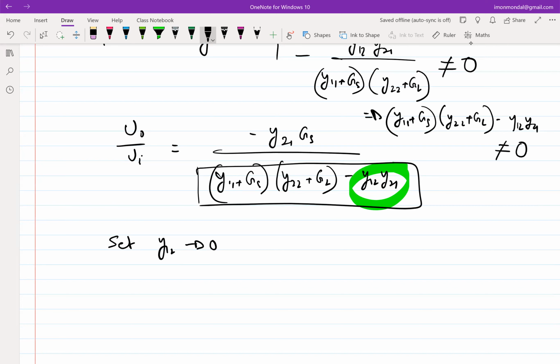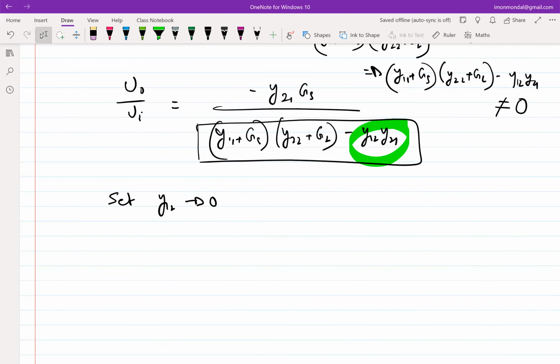So this is to ensure stability. And naturally, the other outcome was that we need to set y21 as high as possible, tending to infinity. I mean, nothing is infinity, we know, but we are making a wish list, then why not put infinity in our wish list? So this is to get high forward gain.